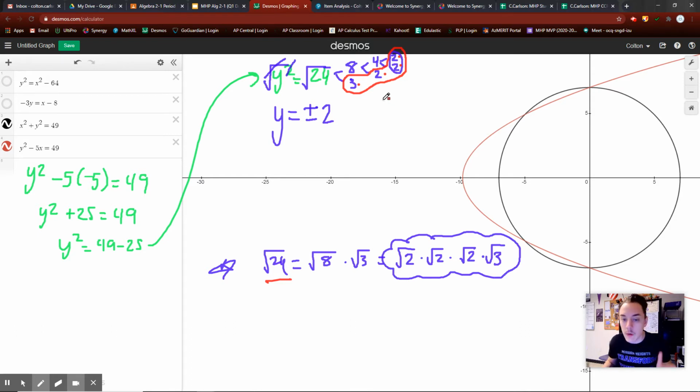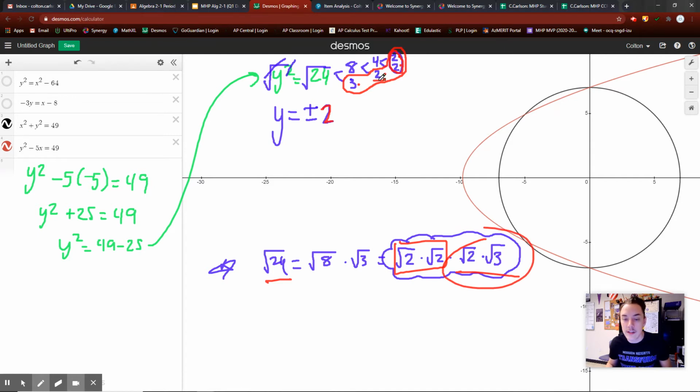So what is going on here? Well, first of all, this right here is the same thing that I clouded and kind of circled here. What's radical 2 times radical 2? Mr. Carlson, you silly goose, that's radical 4. Yes, which is 2. Okay, so that's what I write here, 2. Now, can I simplify this? Radical 2, what's left over?